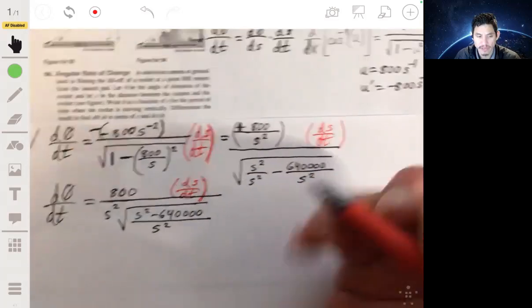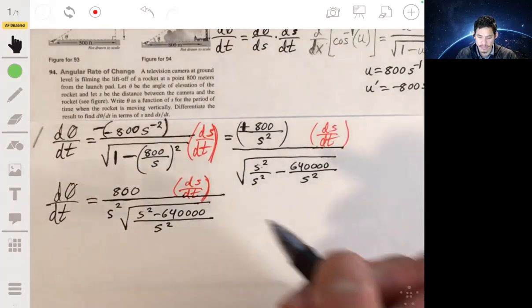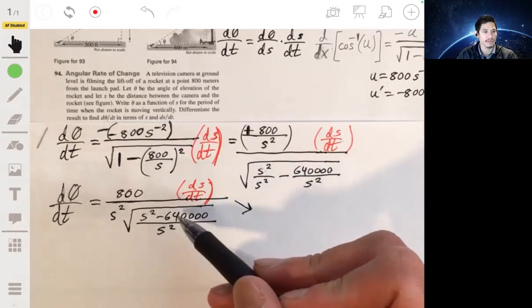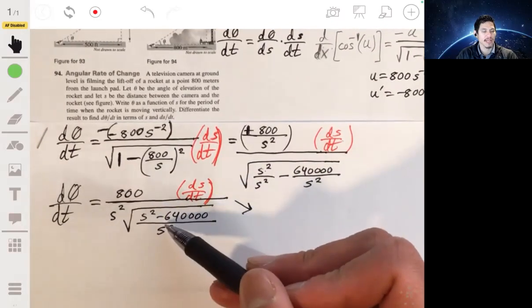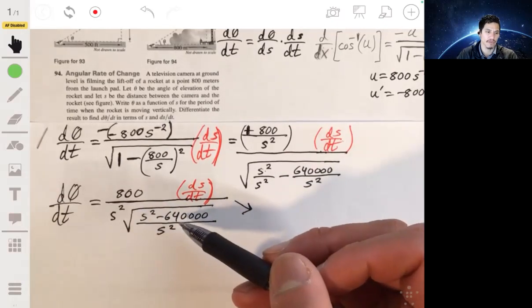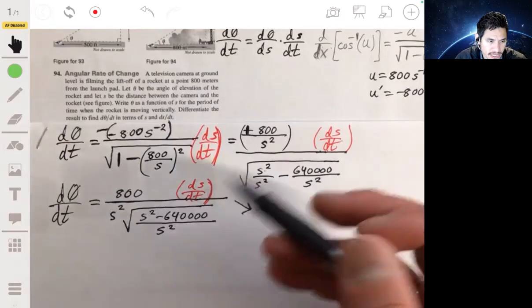Really, we're just working on some algebra trickery to make this look a little cleaner. We can take out this s squared in the denominator because we're going to have the square root of 1 over s squared, which is just going to be 1 over s.